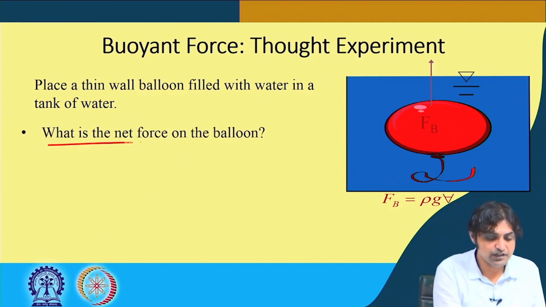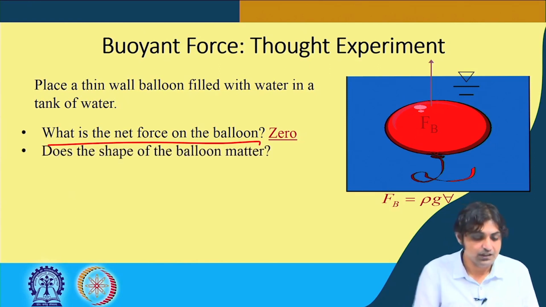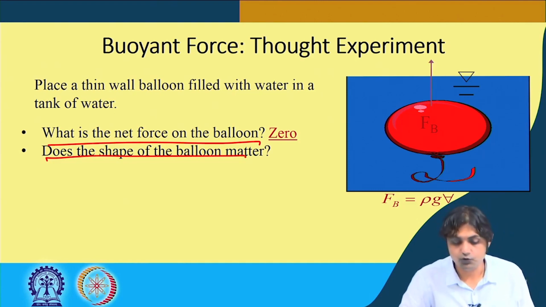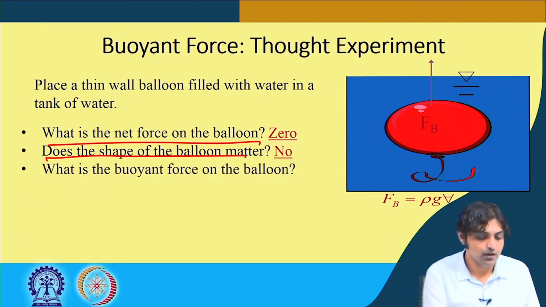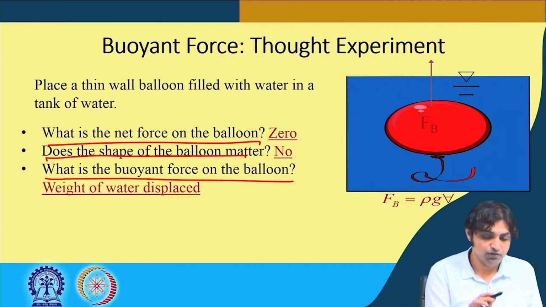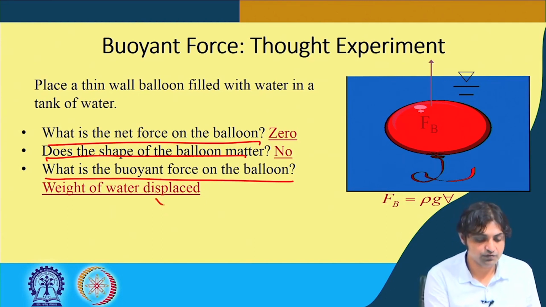I am asking what is the net force on the balloon? It should be 0, right? If it is in equilibrium, net force should be 0. Does the shape of the balloon matter? No, because if you do that experiment, it doesn't really matter. Now the question is, what is the buoyant force on the balloon? I have not derived it, but since you have already done it in your fluid mechanics class, the buoyant force on the balloon is actually the weight of the water displaced.